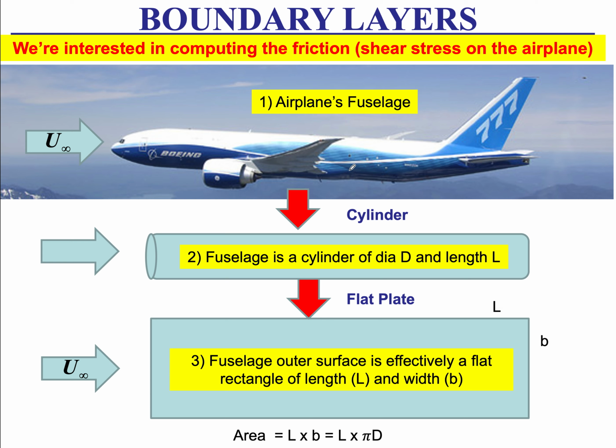Now that we have taken the pressure gradient term out of our system, we are only left with shear stress, and we're going to use boundary layer theory to help us predict what the shear stress is going to be on our flying object.